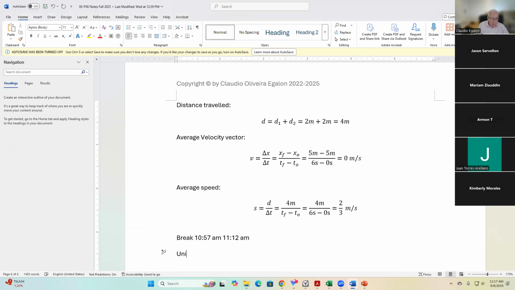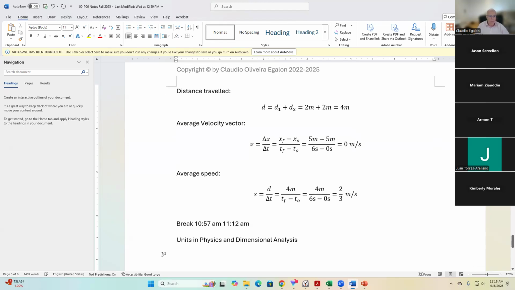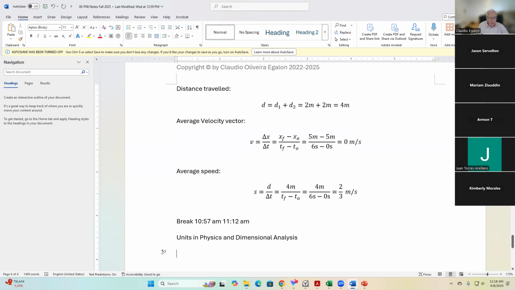Now, units in physics and dimensional analysis. You already know that the main units of physics are meter, second, and kilogram. There are 4 more, but we're not going to touch them yet.